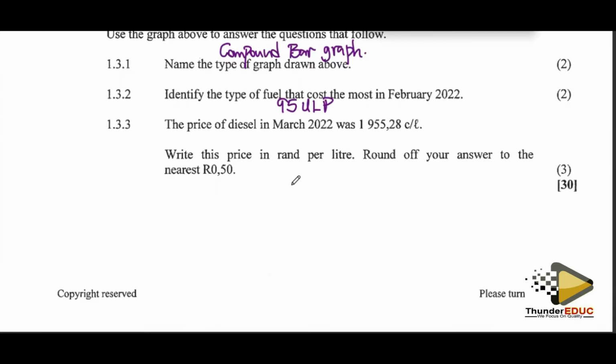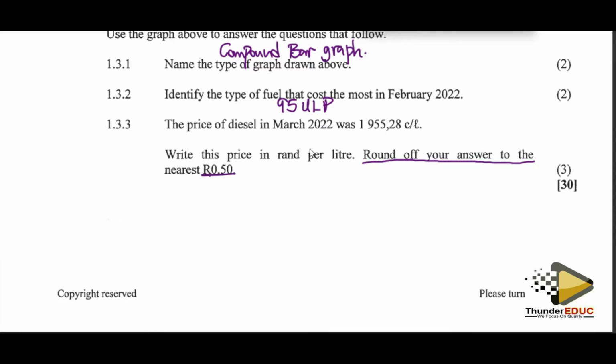All right. Question number 1.3. The price of diesel in March 2022 was 1,955.28 cents per liter. Write the price in rands per liter. Round off your answer to the nearest 50 cents. Take note of this. Round off your answer to the nearest 50 cents.